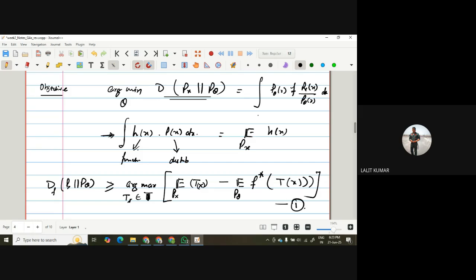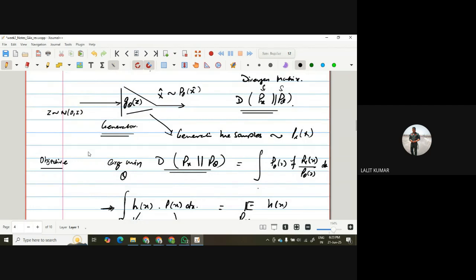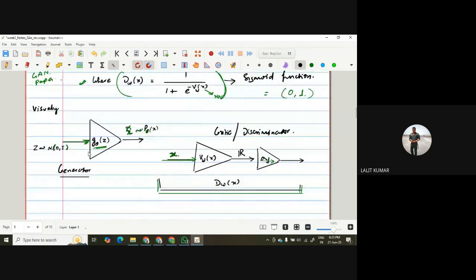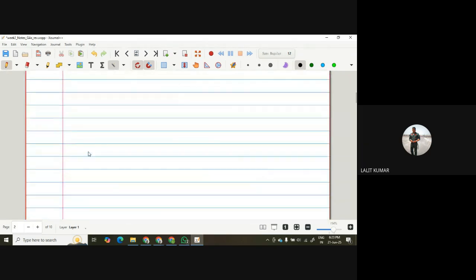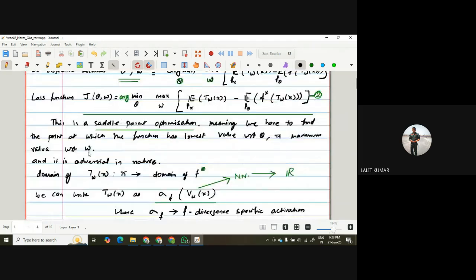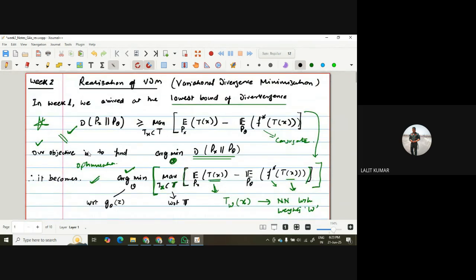Now we started week 2. If you remember the first line in the lecture, we are starting from this point, which was the culmination of week 1. We have found the lower bound on this divergence, so the divergence has to be greater than or equal to this.